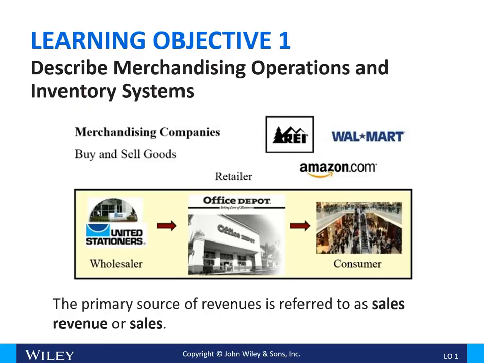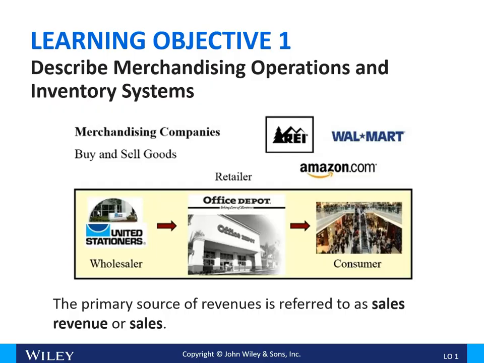So what is merchandising operations? Merchandising companies, examples of REI, Walmart, Amazon, they buy and sell goods. So they're in the business of selling goods more than providing services, although they can do both.